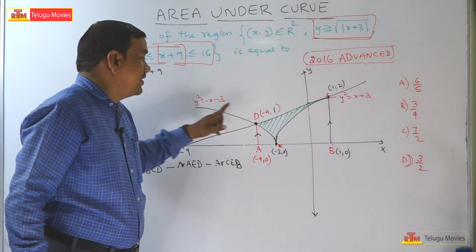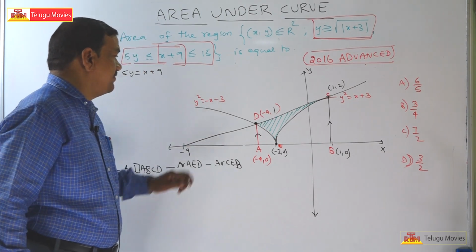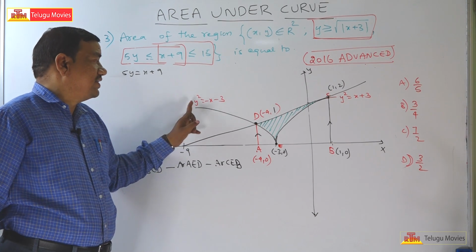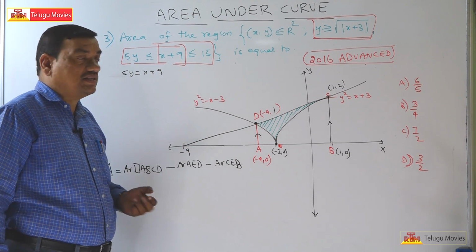Therefore minus 4 comma 1 satisfies both the equations.